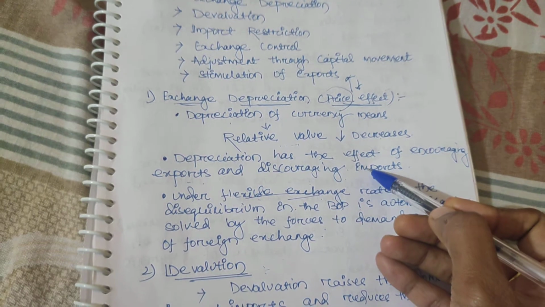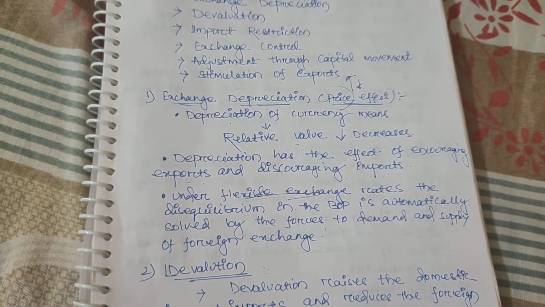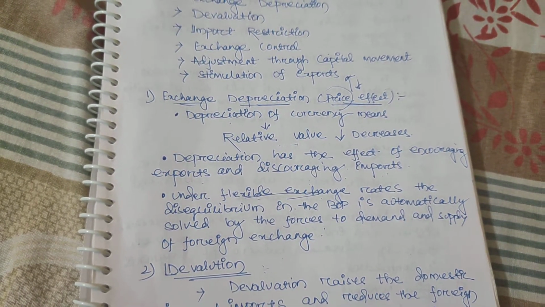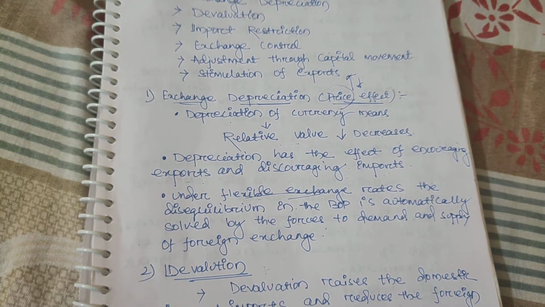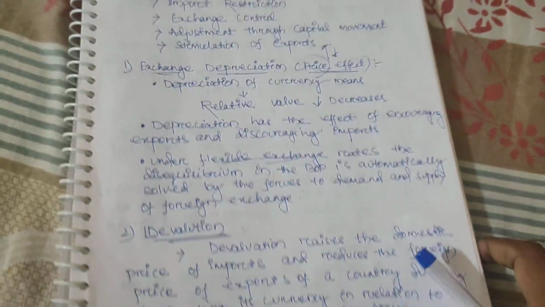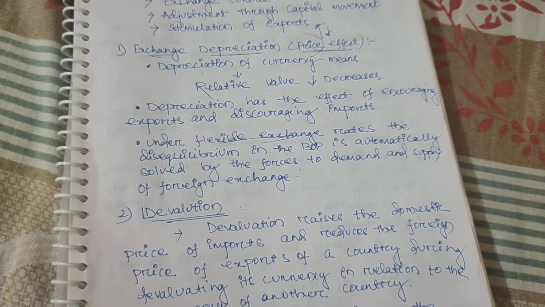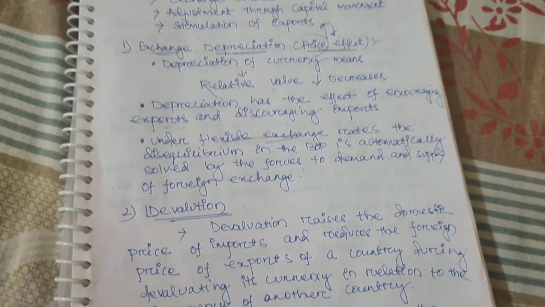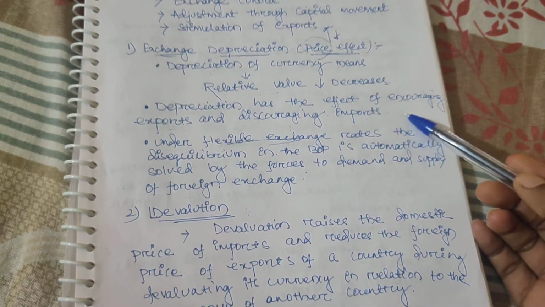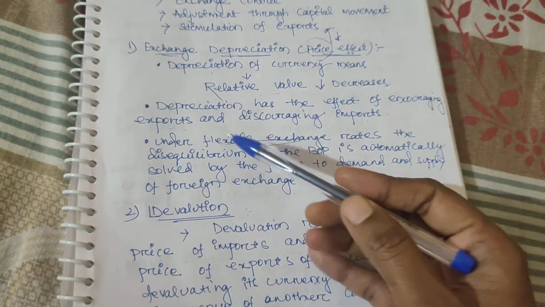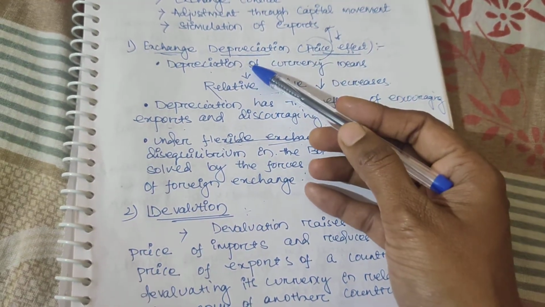And discouraging imports means, from outside countries, they know our money value is less, so people outside will not send their products because we do not have that much money to purchase new things. So depreciation discourages imports and encourages exports.